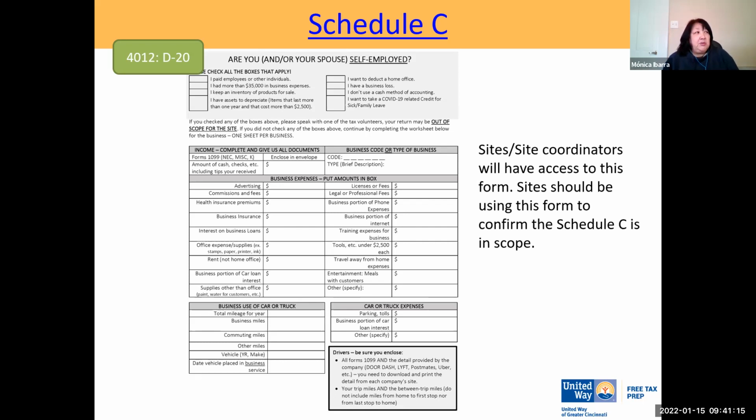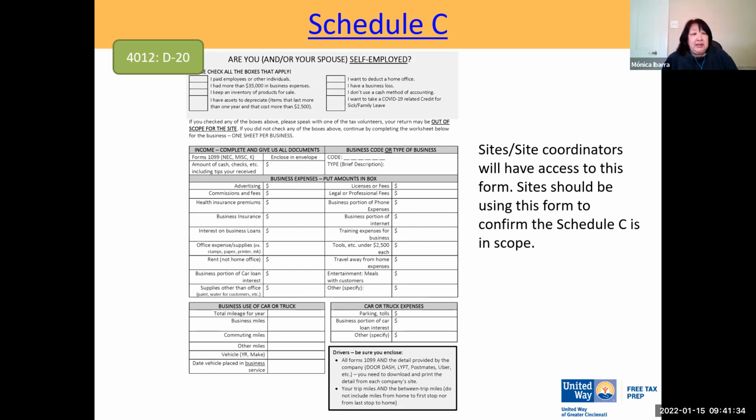Because you only pay income tax on the income that you made, any kind of expenses that you have go to reduce the amount of income that you have. So that's what all this information is.